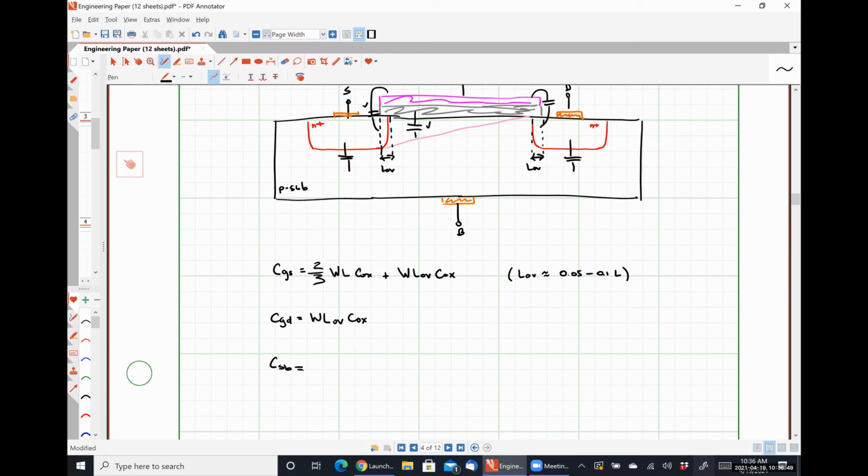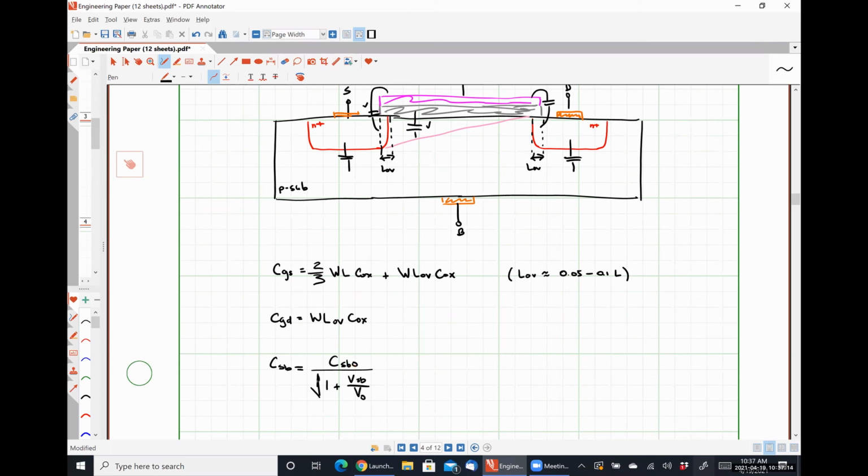source and the substrate. So this should be CSB naught divided by the square root of 1 plus VSB over V naught, the built-in voltage of that junction. That looks terrible.